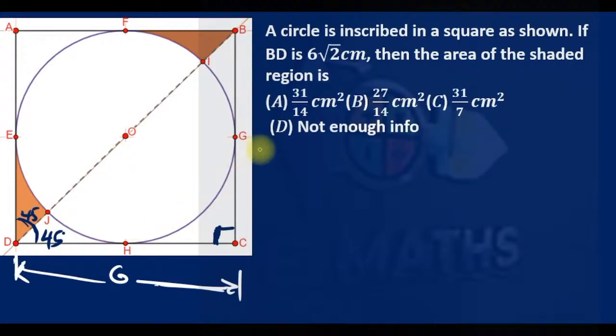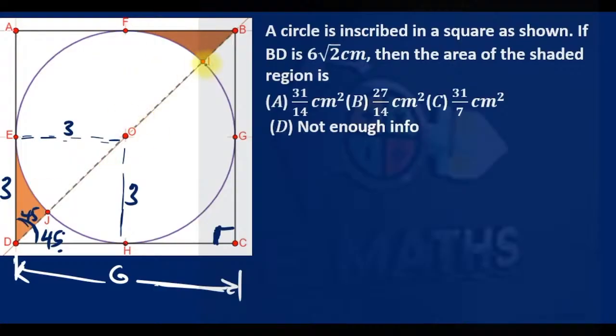The side of the square is 6, and as you can see again, each of these is 3, so this is a square of side 3. If you join this, you notice that there are 3.